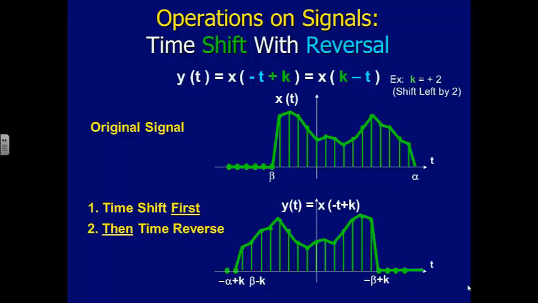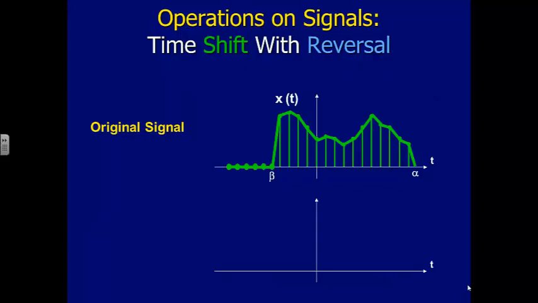This would be a proper execution of the combination of time shifting and time reversal, first doing the shift, then doing the reversal. If we were faced with a combination of a time shift with a time scaling, this would be also the proper order of operations. We would perform the time shift first, then rescale the shifted waveform.